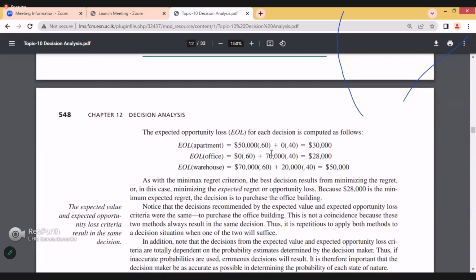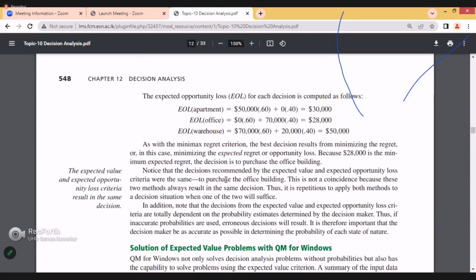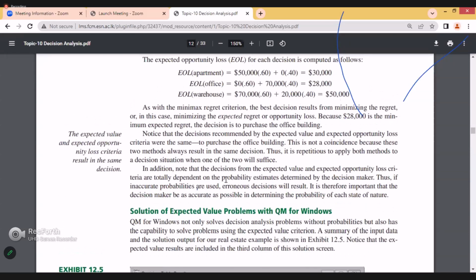So after taking this value, multiply and add it, so 30,000, 28,000, 50,000. So according to this, we have to go for the recent situations.